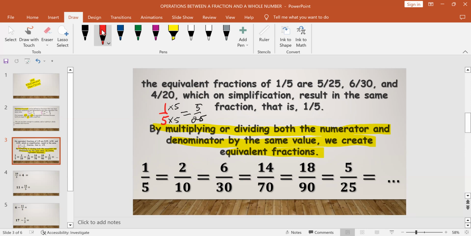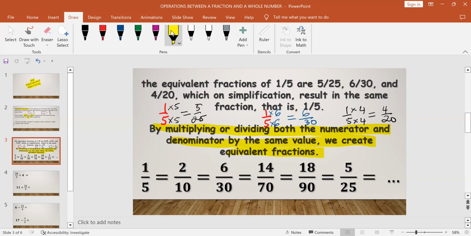Or having 1/5, I can multiply the numerator and the denominator by that same value, which is 6, and we get 6/30. Or again, from 1/5, we can multiply 1 by 4 and at the same time 5 by 4 to get 4/20.